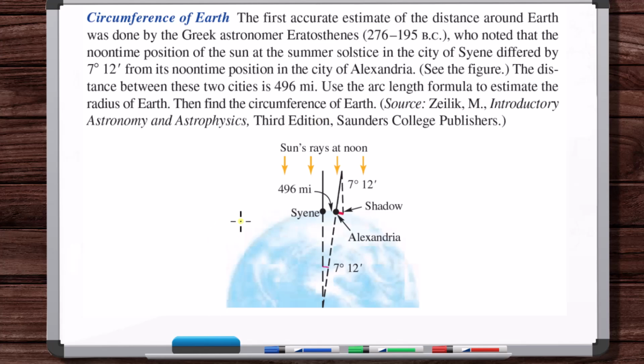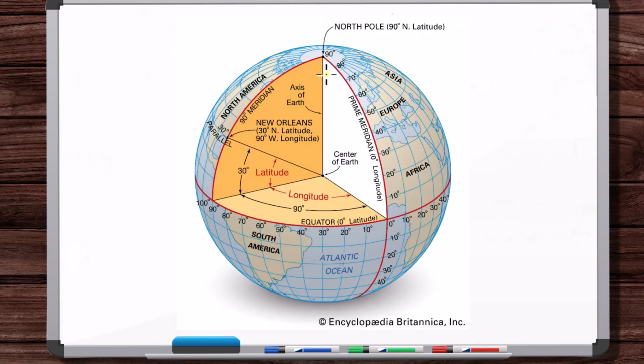So yeah, these latitude and longitude type measurements are interesting when you consider the application of arc length, which is easy to calculate if you're working with angles in radians. So they give a description here, and they're showing Syene straight up and down, but the way I imagine it is, the longitudinal circles are all the same size, unlike the latitude circles. So you don't have to be at the North Pole.